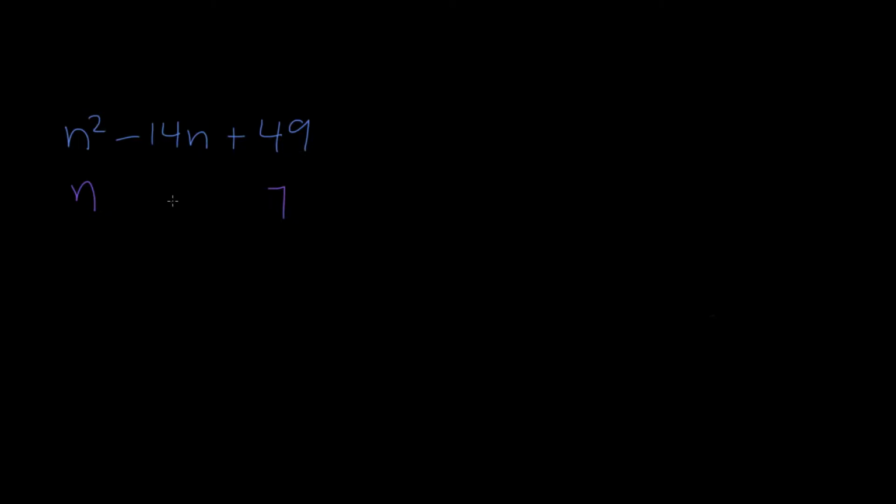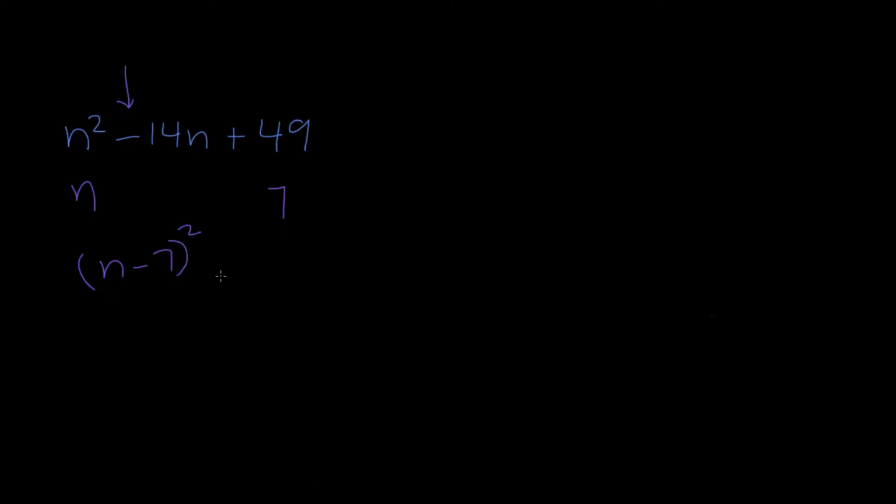But one very important thing that we have to take note of here is that negative right there. So in our previous one, both of them were positive, which meant that our plus sign in the middle would be positive. But since we have a negative here, that means instead of being n plus 7 squared, it's going to be n minus 7 squared.